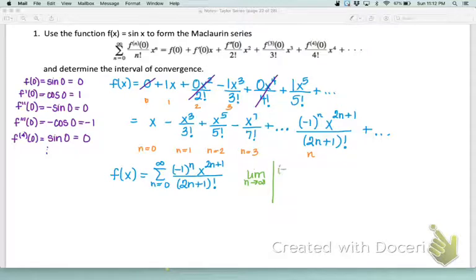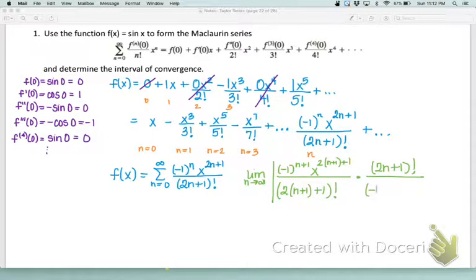So we have negative 1 to the n plus 1 times x to the 2 times n plus 1 plus 1 over 2 times n plus 1 plus 1 factorial, and then we're going to multiply that by the reciprocal because we're dividing. So this will be 2n plus 1 factorial over negative 1 to the n, x to the 2n plus 1.